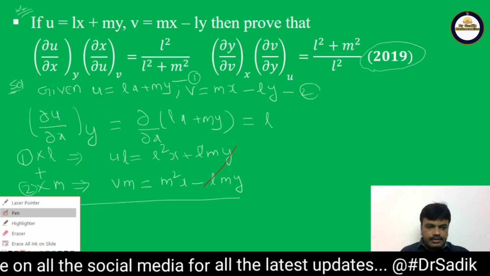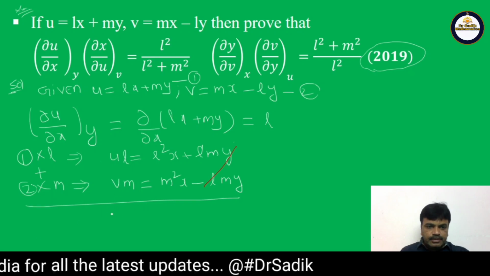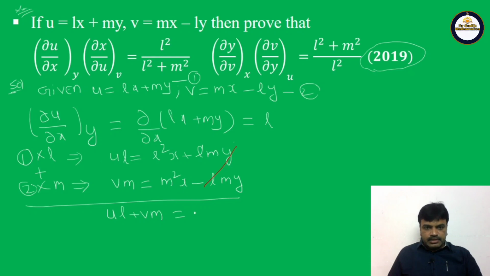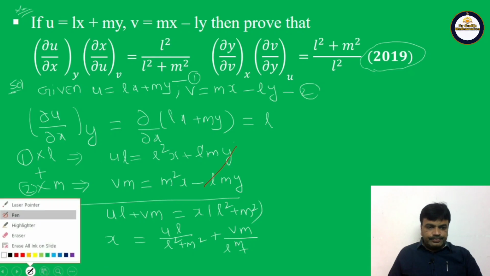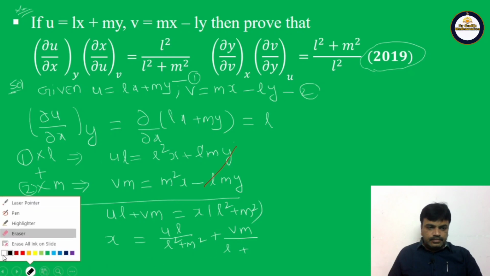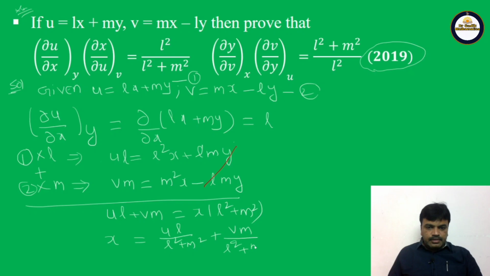Finally we get ul plus vm is equal to, taking x common, L² plus m² times x. So x is equal to ul by L² plus m², plus vm by L² plus m².